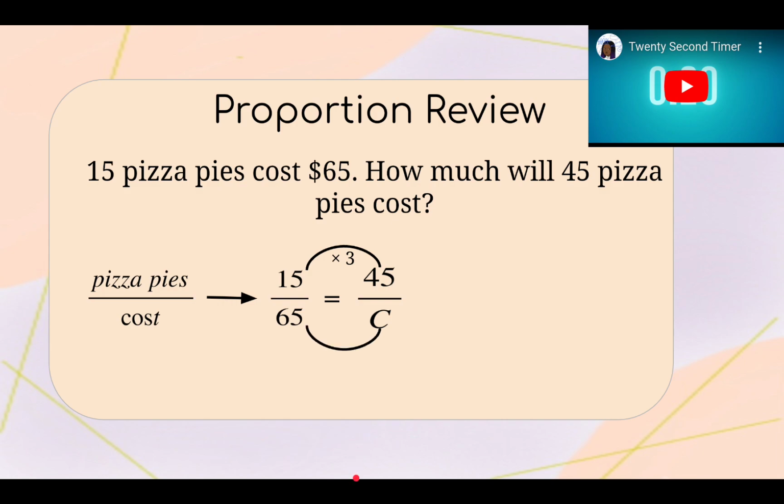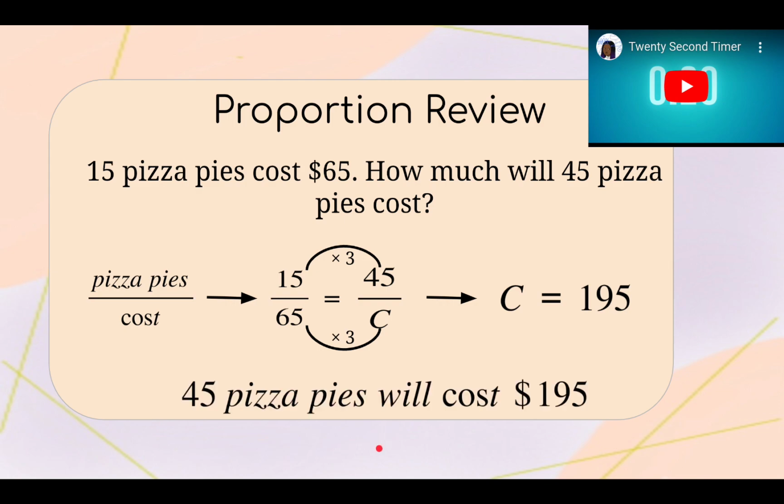Therefore, 65 times 3 will bring me to the cost of $195. But I'm not done, because you always want to make sure that you write a sentence. Therefore, 45 pizza pies will cost $195.